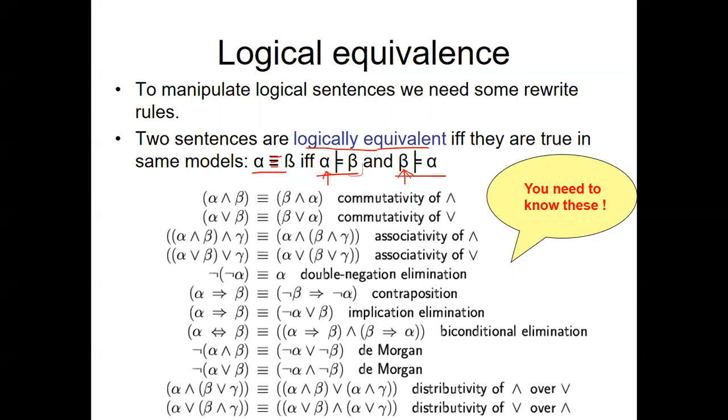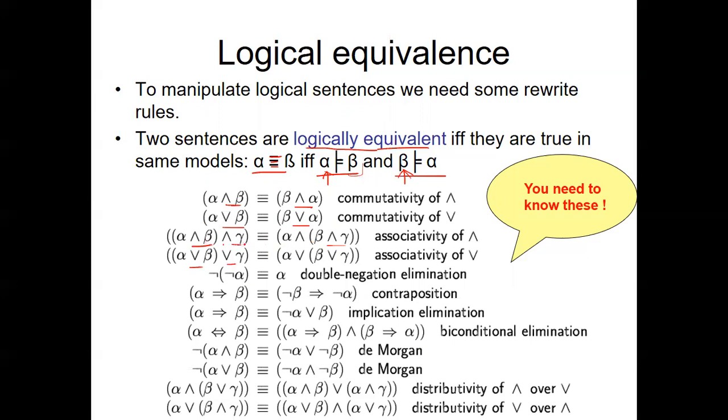Right? And there are some other rules of logic. Probably you might have learned these somewhere else, in discrete mathematics or something like that. Alpha and beta is equivalent to beta and alpha. Alpha or beta is equivalent to beta or alpha. This is the rule of commutativity.